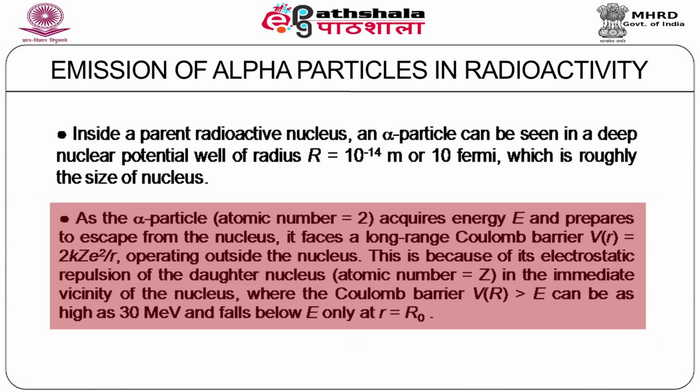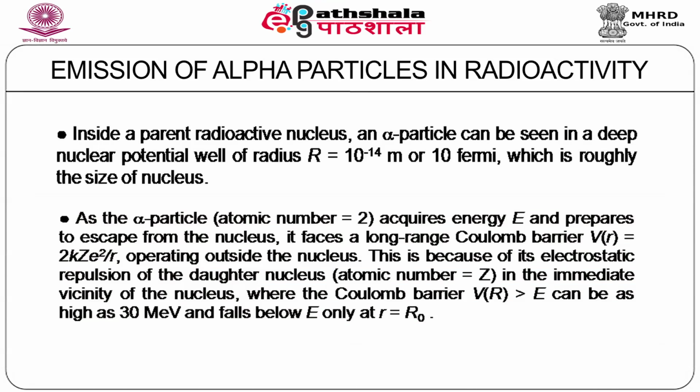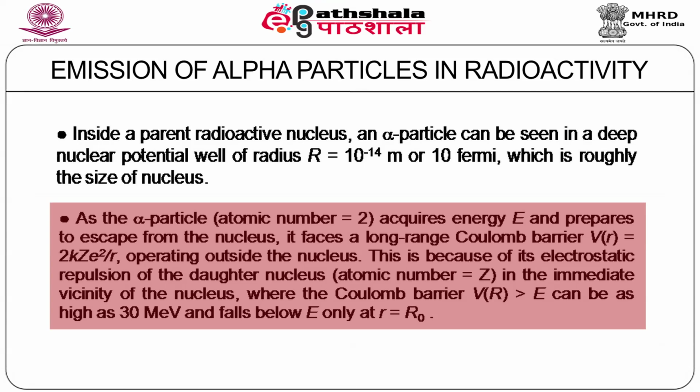So as the alpha particle acquires energy E and prepares to escape from the nucleus, it faces a long-range Coulomb barrier. You can find that this barrier, V(r), is equal to 2kZe squared by r, operating outside the nucleus. This is because of its electrostatic repulsion from the daughter nucleus.